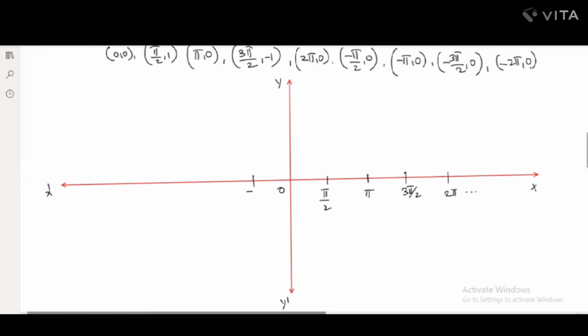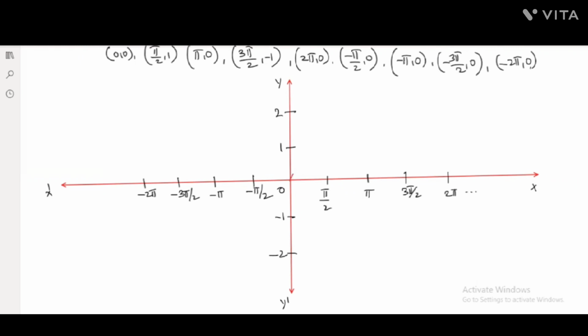On the negative x-axis, I get minus pi by 2, minus pi, minus 3 pi by 2, minus 2 pi. On the y-axis I take 1, 2, and so on, and on this side minus 1 and minus 2. So let's put the points.